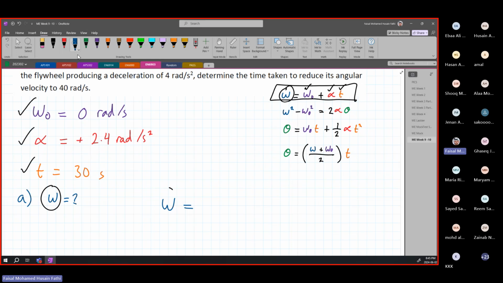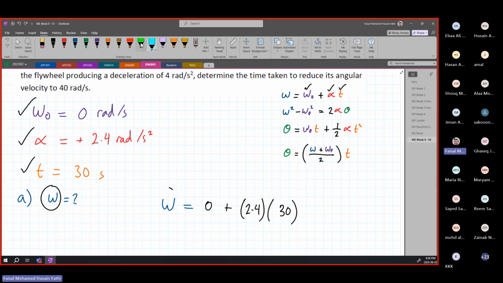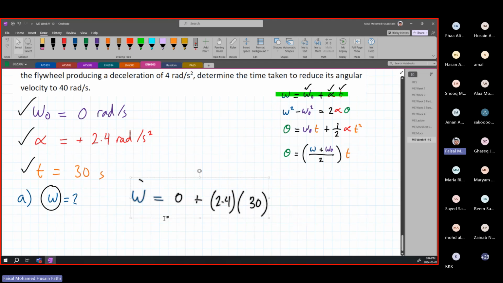So we can just apply that equation, which is omega equals 0 plus alpha, which is 2.4, times time, which is 30 seconds. All I did was apply this first equation, highlighted here so you can see, and substitute in my values.